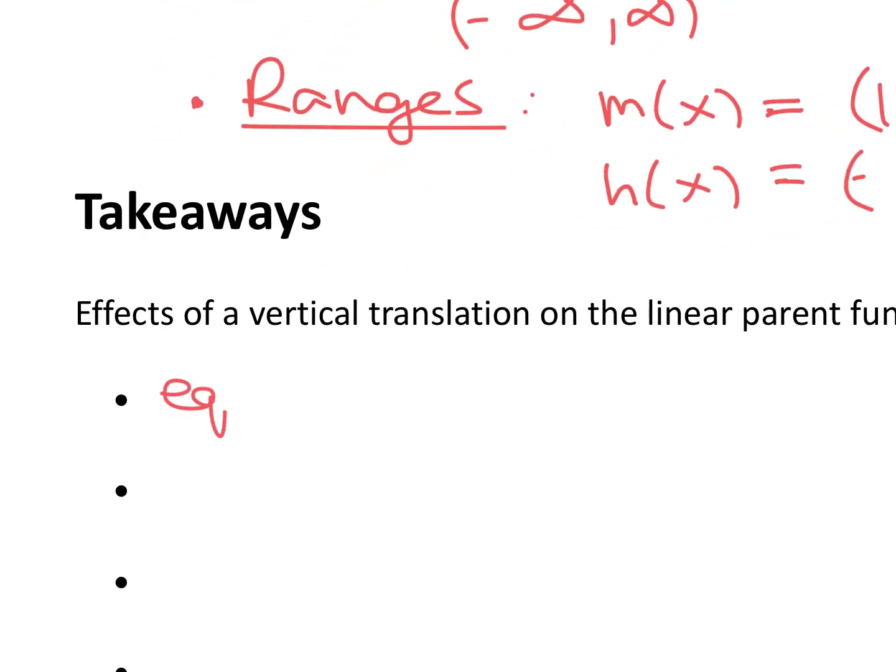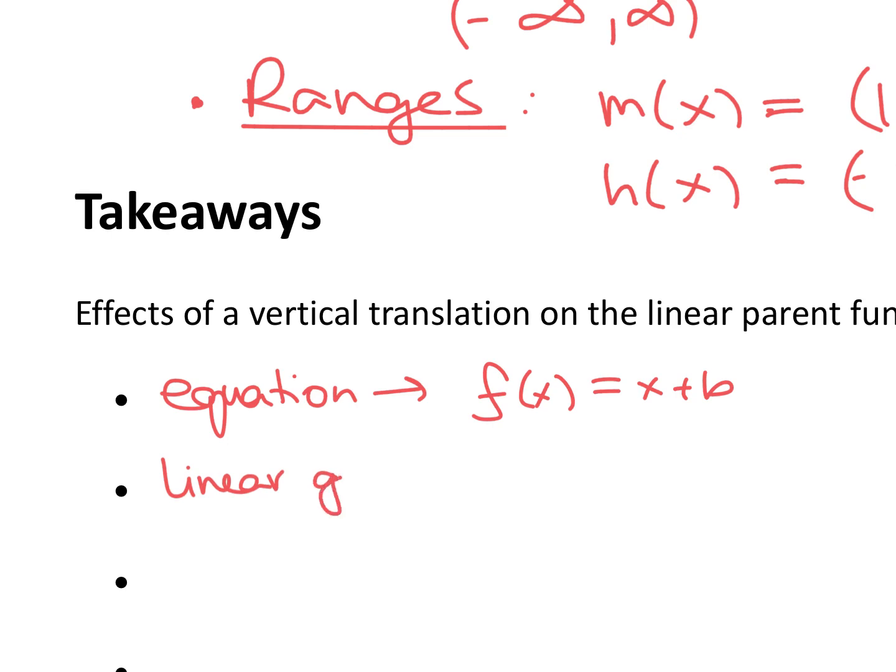So the effect on the equation. Let's go through each representation. So the equation, we're going to have f of x, instead of just x, it'll be x plus the shift. The graph will still be a straight line, so it'll still be a linear graph, and there will be no change in the slope, the same slope.